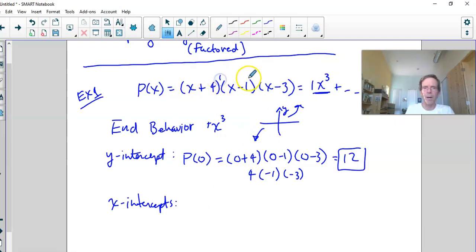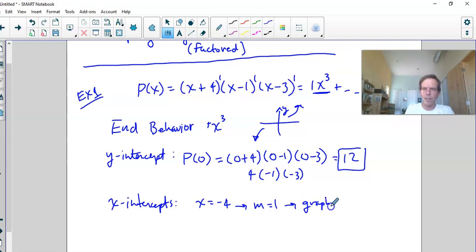We can see that there's a power 1 on all these binomials. That's the multiplicity. And we'll say what that means in a second here. So for the x-intercepts, x equals -4. That's the zero from the first binomial here. That has a multiplicity of 1, which means that the graph just goes through the x-axis.